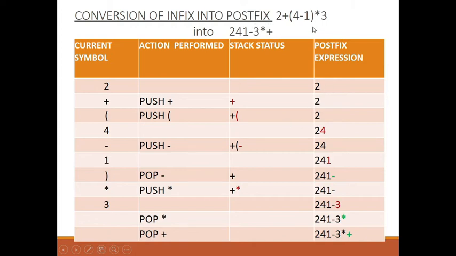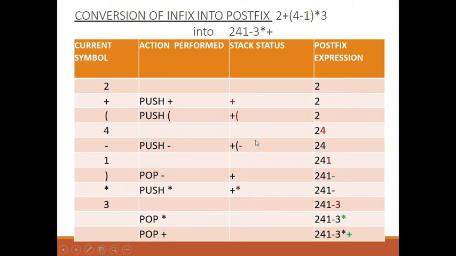Okay, so for our current symbol, we have here 2, then that will be forwarded to the postfix expression, which is 2, and the action performed is push plus. We push on the stack the first item, which is plus, and the postfix expression remains 2.